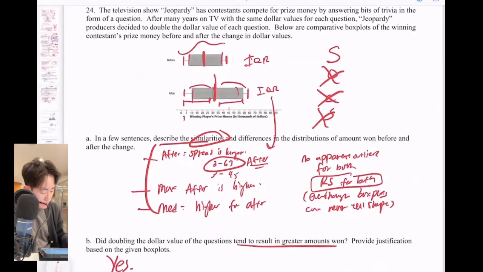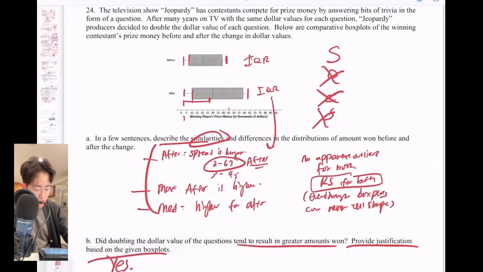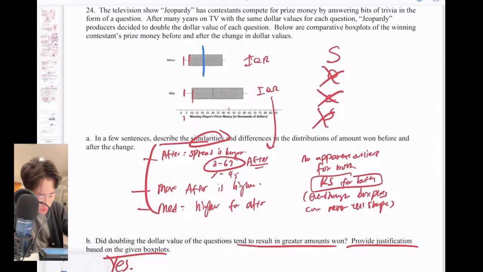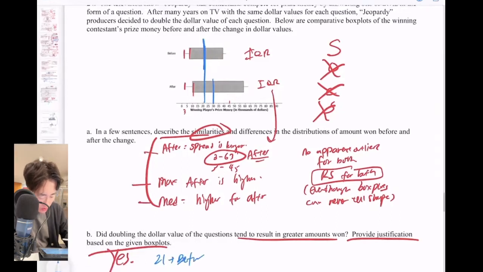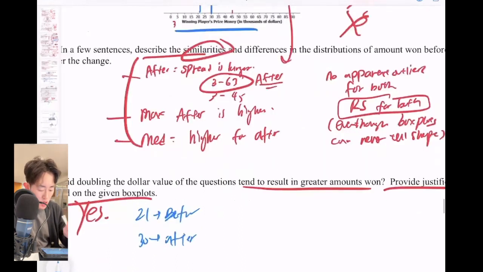Yes, obviously. Provide justification. Well, you really want to take a look at the median, right? The median here for before is around maybe 21-ish, and for after, it's about 30-ish. And remember, winning players' prize is in thousands of dollars.